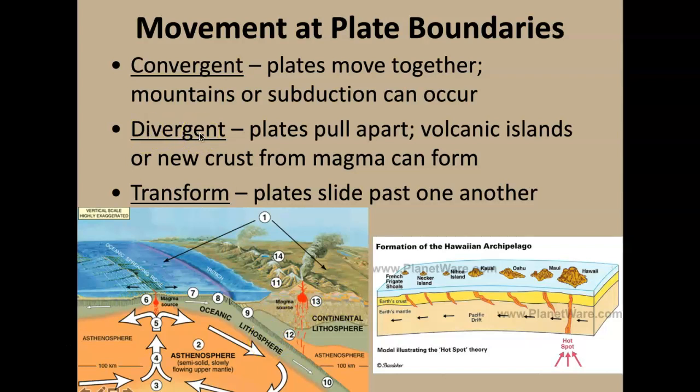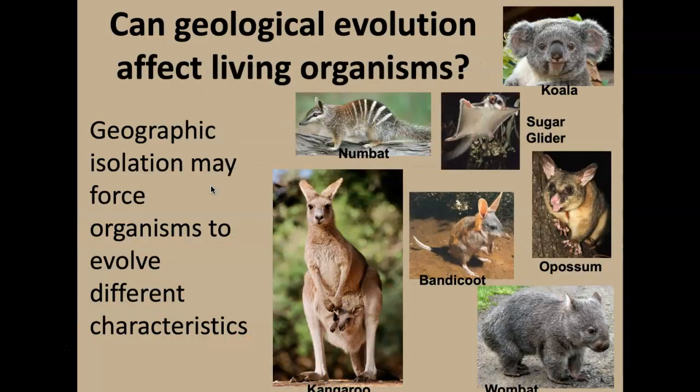Divergent plates will pull apart, and when divergent plates pull apart, like at the seafloor spreading area at the mid-ocean ridge, you're going to have magma that rises to the surface and it can form new crust. And transform plate boundaries will slide past one another, like the San Andreas Fault in California.